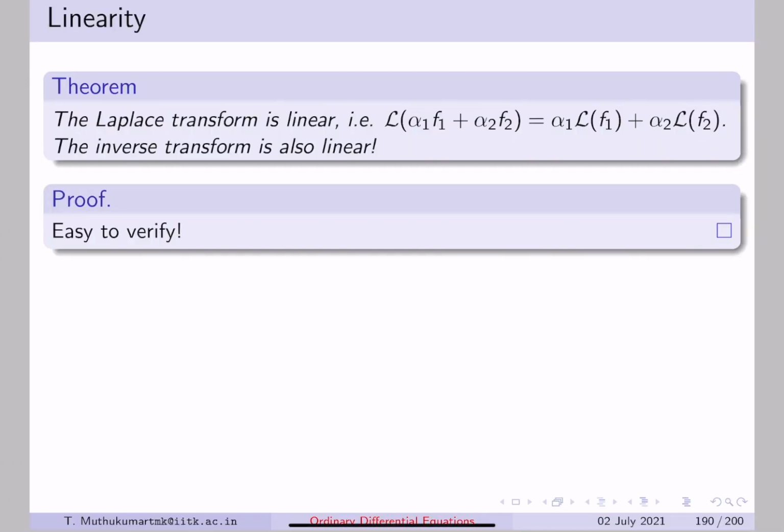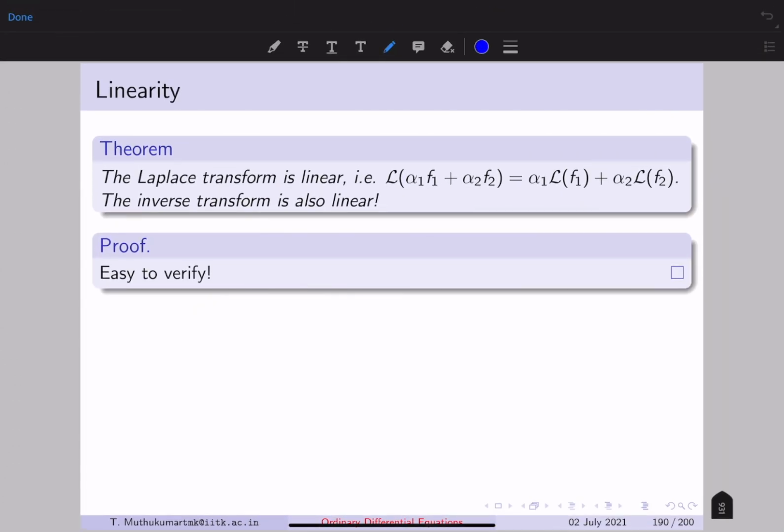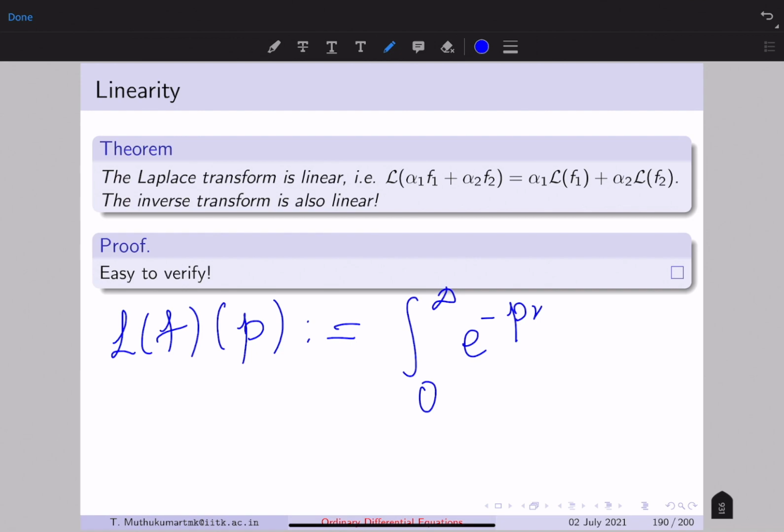So let's start with a property of Laplace transform. The Laplace transform is linear. If you recall what we did in the previous lecture, we had defined the Laplace transform of any function as the integral from 0 to infinity of e power minus px f(x) dx.